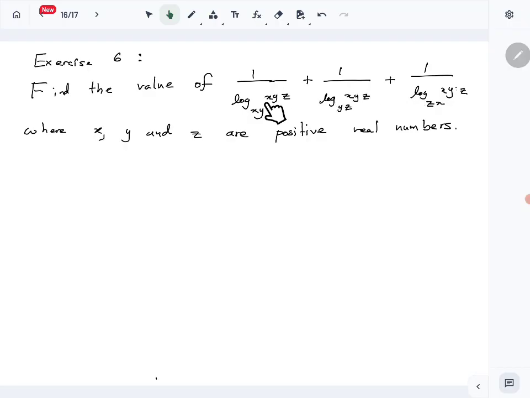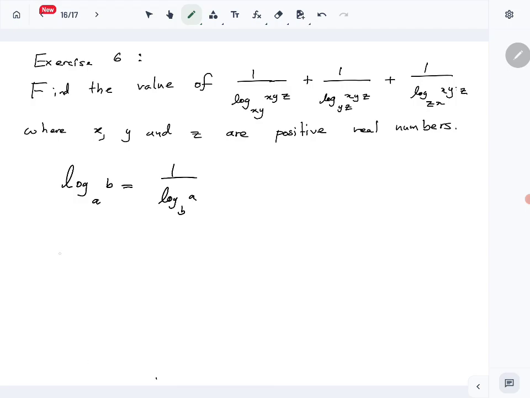So all three terms, the value inside is what? Xyz. But they have three different bases. But look, because the value inside is the same, we can use the first form of the log change of base formula to write all three terms using the same base.